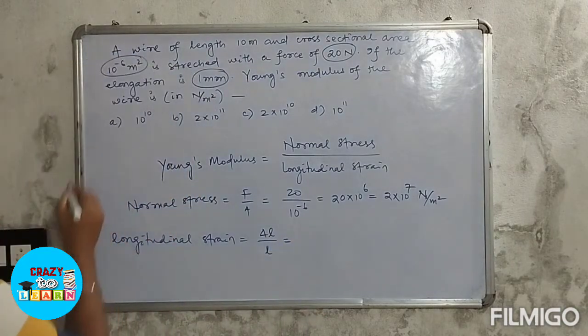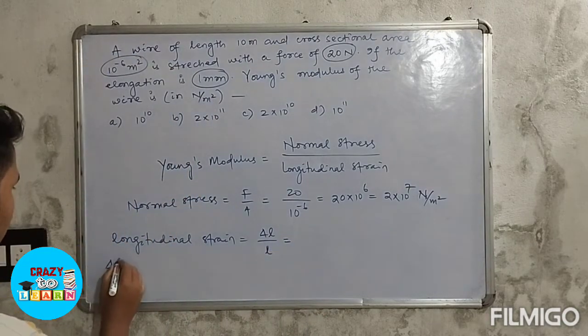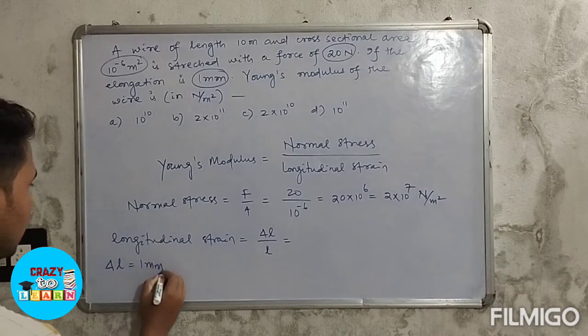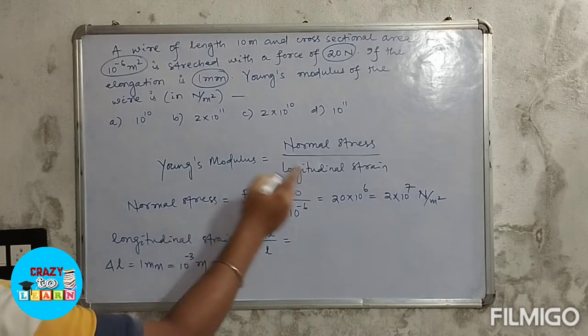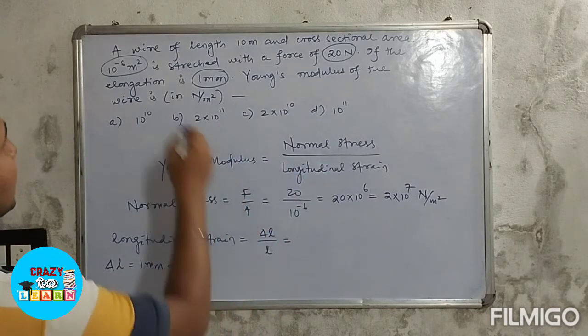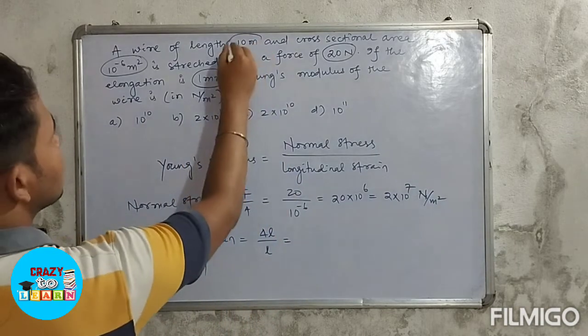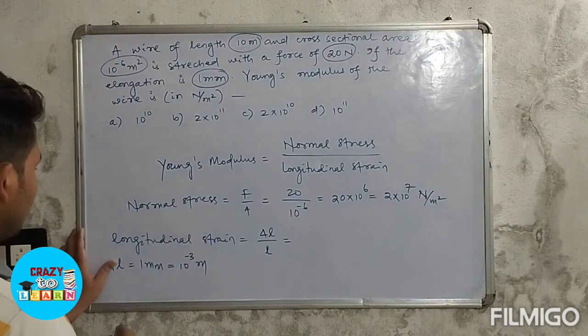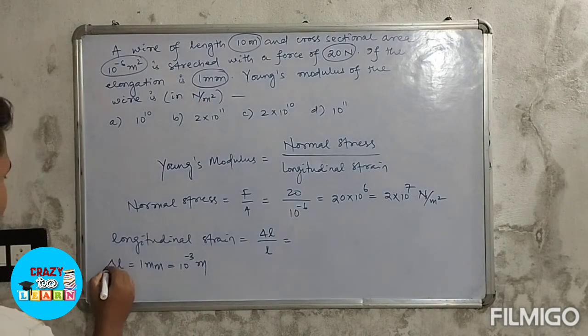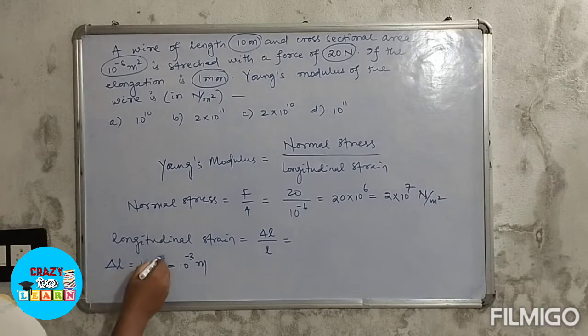1 millimeter is equal to 10 to the power minus 3 meter. As all the length units are given in meter, the original length is 10 meter, so you have to convert this change in length also to meter.